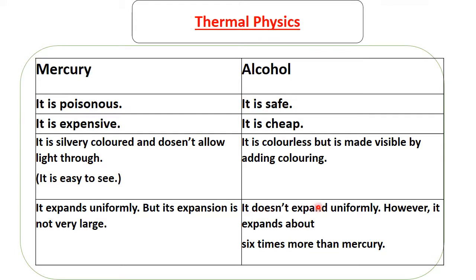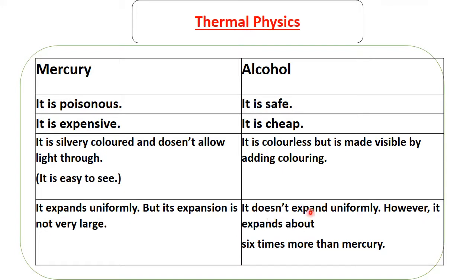Well, alcohol doesn't expand uniformly. What that means is sometimes you can have a change in temperature, but you won't see any change in the volume of alcohol. Then at some point, when the change is big enough, that's when you're going to see a change in the volume of alcohol.